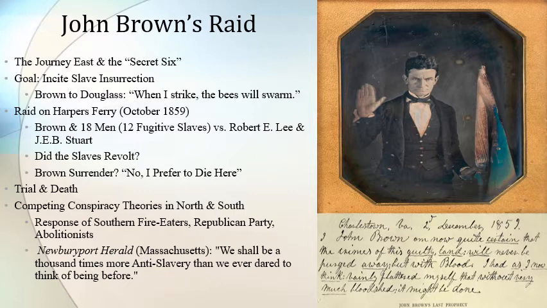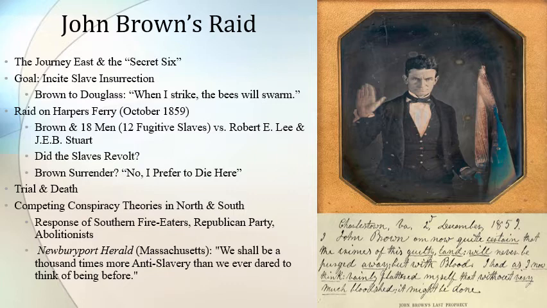And as he told Frederick Douglass, who we've talked about previously, who was a prominent former slave and then eventually became an abolitionist, John Brown told Frederick Douglass before the raid, trying to encourage him to also take part in this, the following, quote, "When I strike, the bees will swarm." And the bees in this reference were, of course, the slaves.